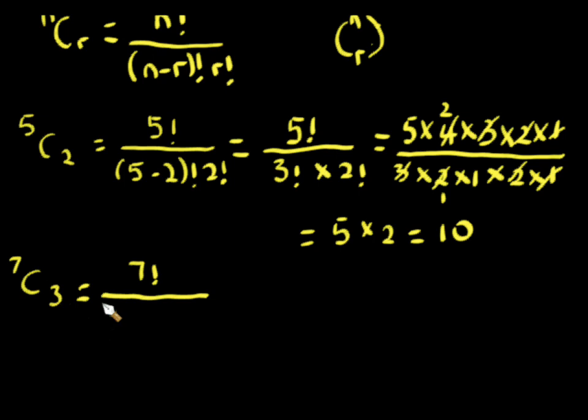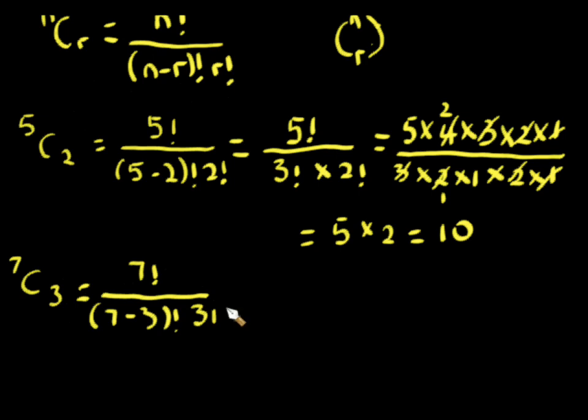So that will be 7 minus 3 factorial. The general formula says n minus r factorial, so since 7 is n and 3 is r, we're going to have 7 minus 3 factorial, multiplied by, according to the formula, r factorial, and r is 3. So that gives us 3 factorial.